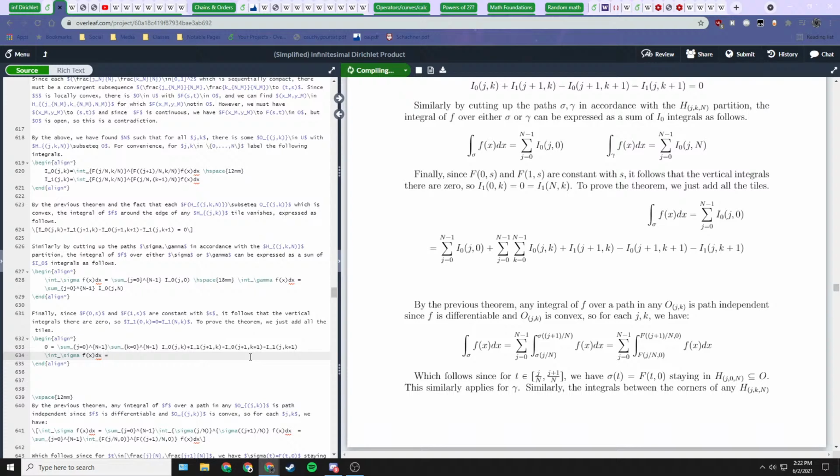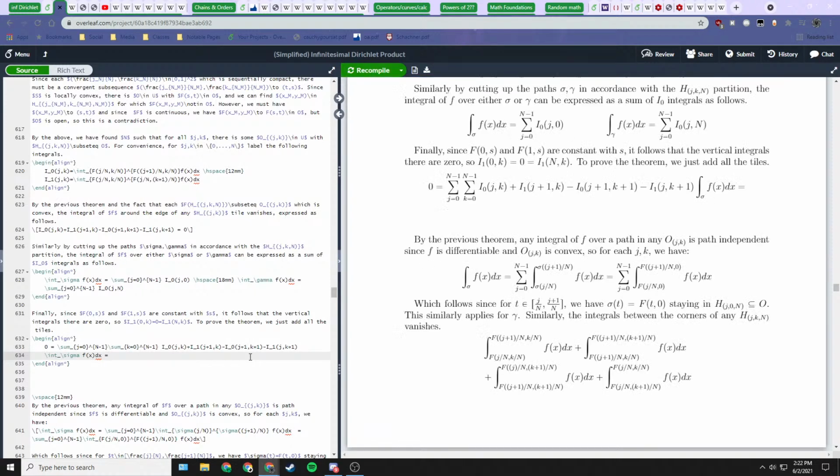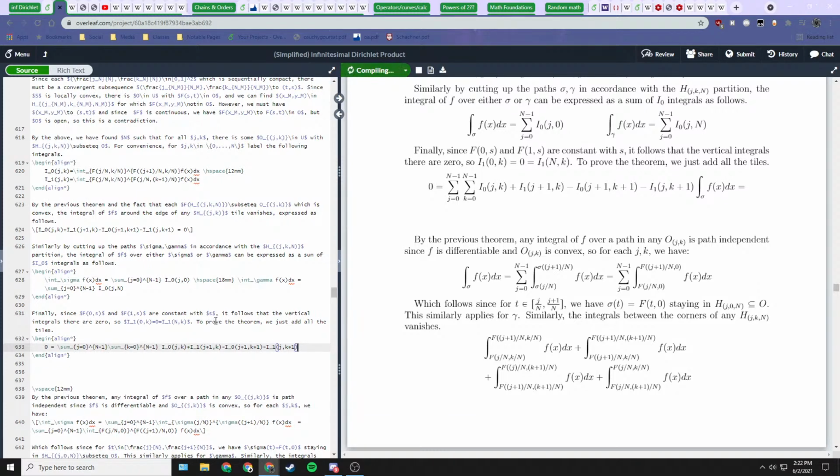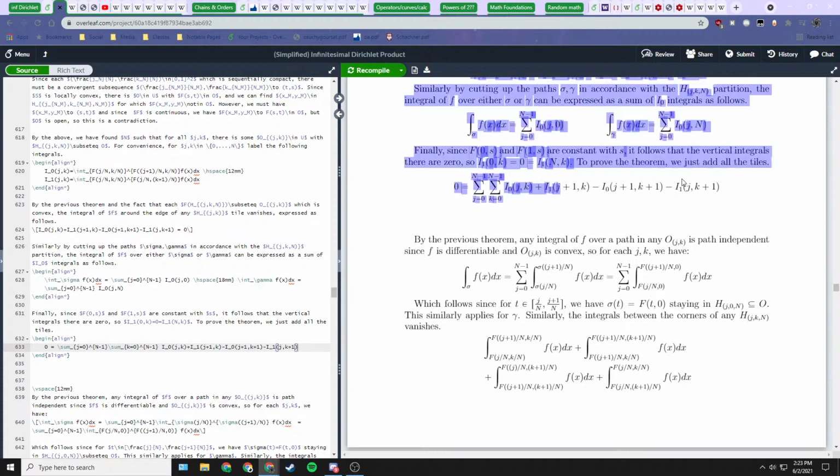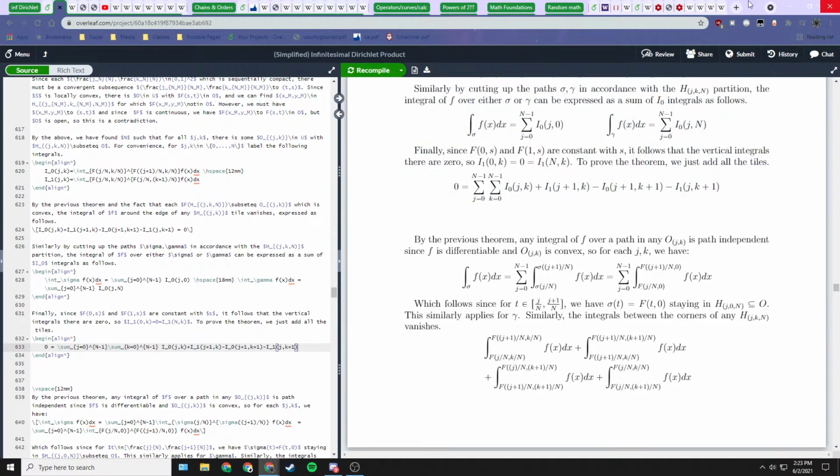Okay, yeah. So we'll add up all these. So each one of these is 0. That's not right. That shouldn't be there. Let's get that out of there. Right, so we add up all these 0 integrals. Why is it still there? What the heck? There we go. Okay, so all of these are 0, so we just add them up.